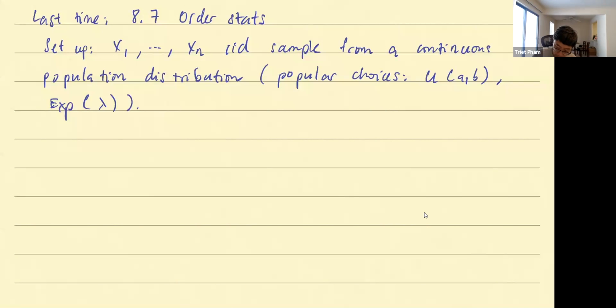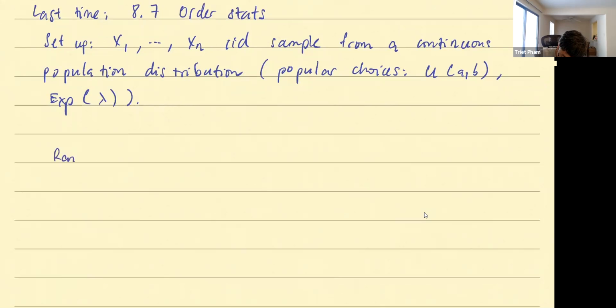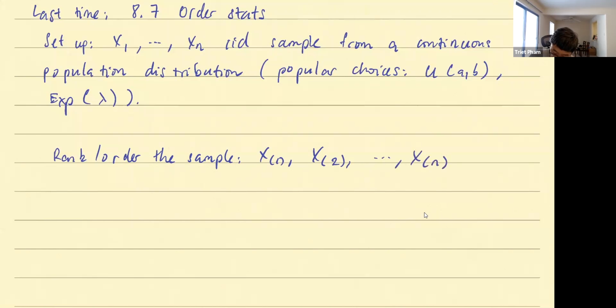All right. So we have this IID sample, and then we would rank them. If we rank and order them, then we get the data in the order of smallest to largest, where the one with the parenthesis will denote the min, and the n with parenthesis will denote the max.